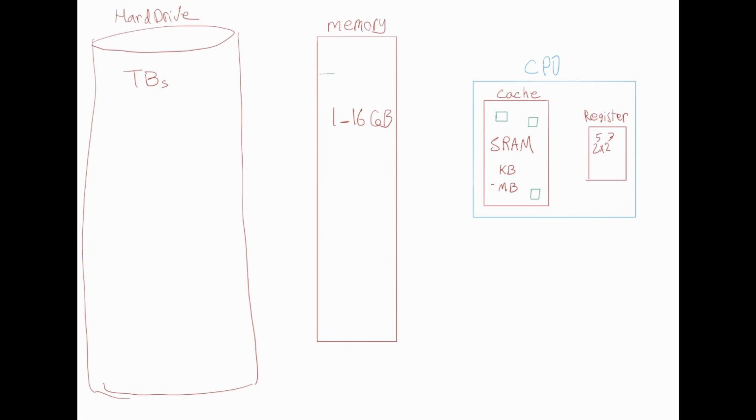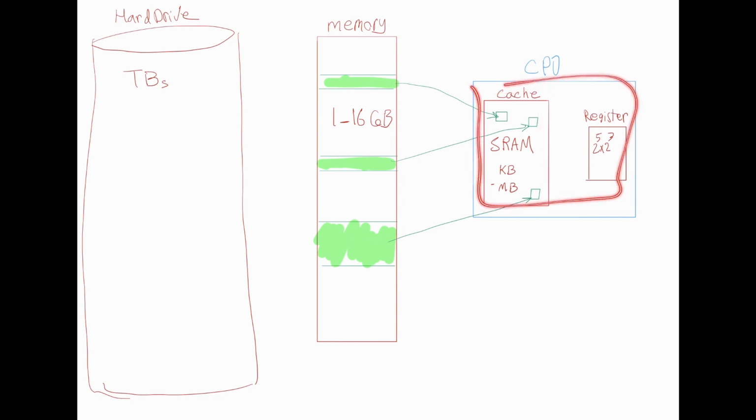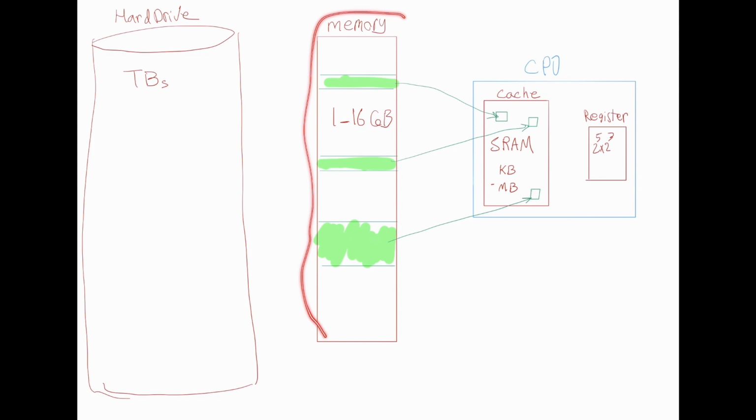So we take parts of the memory that we think we are going to need a lot, and we save them for ourselves in the cache. As an example, let's say these three parts are saved for us inside the cache, with the idea that these are the parts of the memory that we use often, and so now if we have them in the cache, the CPU can use them quickly without going to the actual physical DRAM memory.